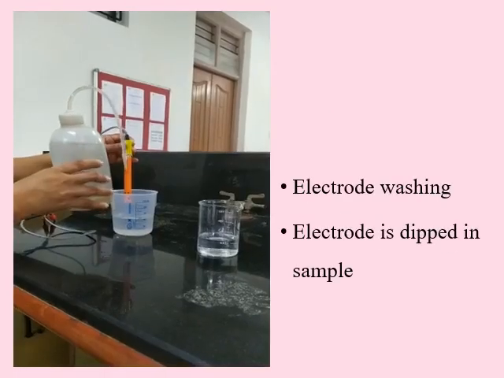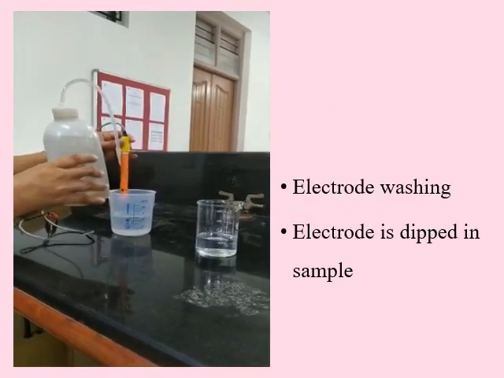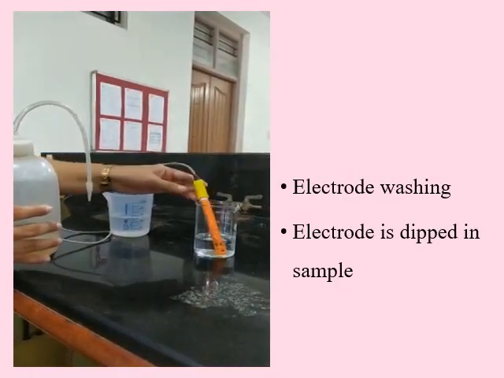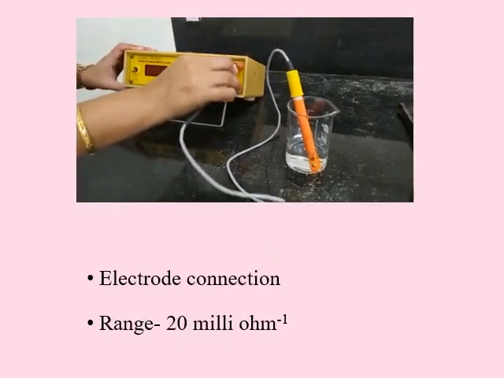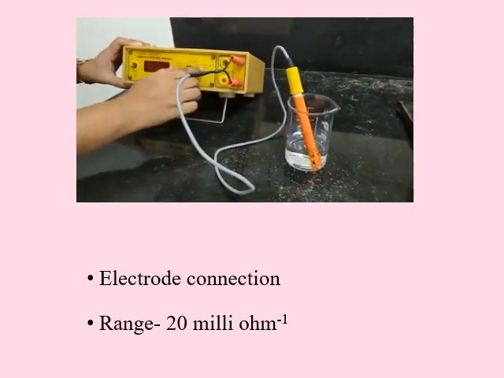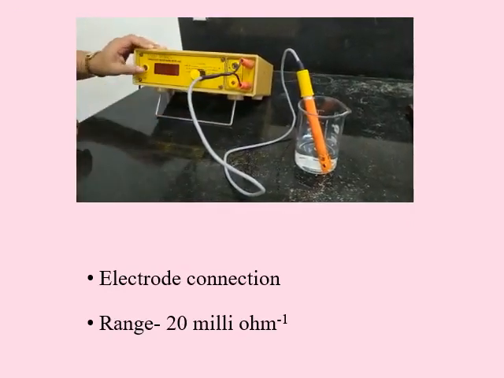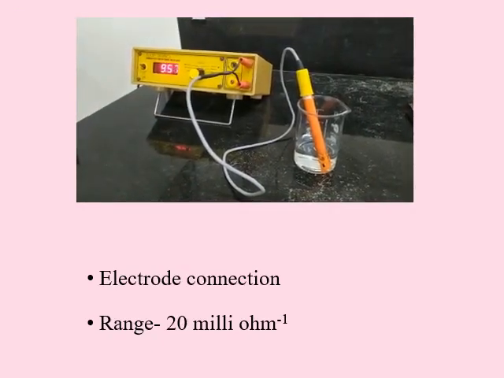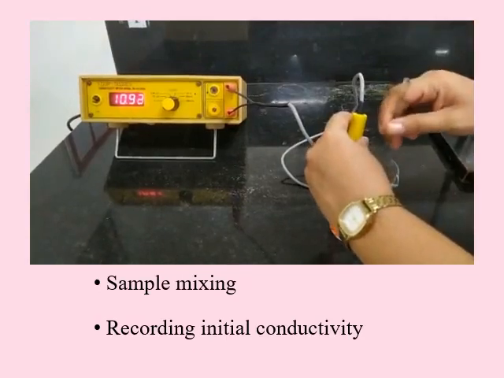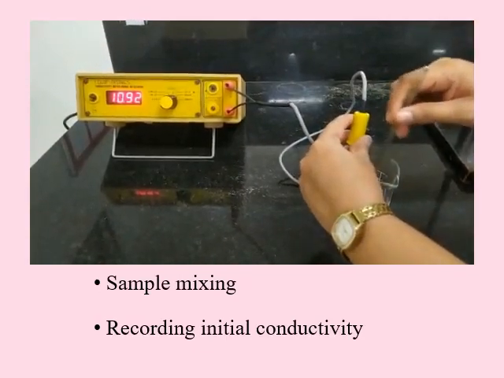Electrode is washed with distilled water and immersed in sample solution. Then the conductivity cell is connected to a conductometer and range is set to 20 millimho. Sample solution is mixed and initial conductivity is recorded.